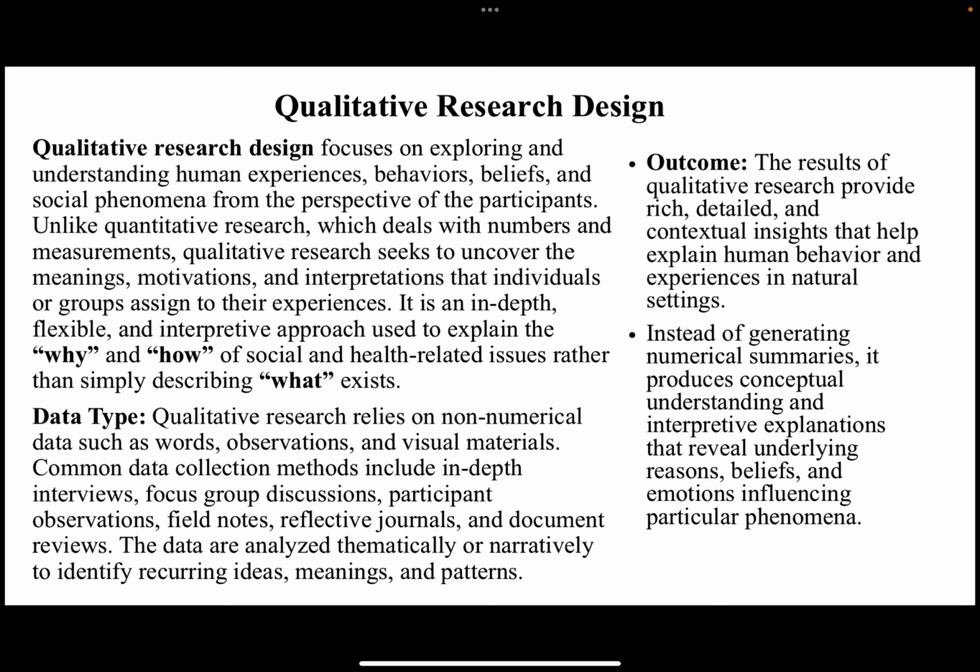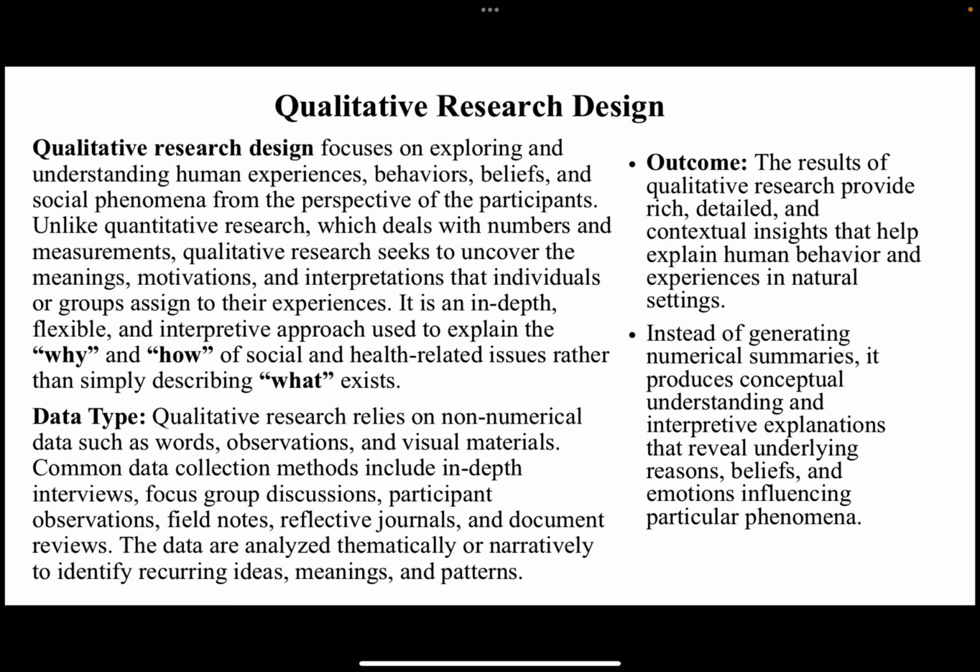It seeks to understand motivations and also interpretations that individuals or groups assign to their experiences. Okay, so unlike the quantitative that focuses on just numbers, measuring patterns, understanding maybe occurrences, prevalence, qualitative seeks to uncover meanings. It seeks to uncover the interpretations, the reasons behind individuals or groups, okay, their experiences.